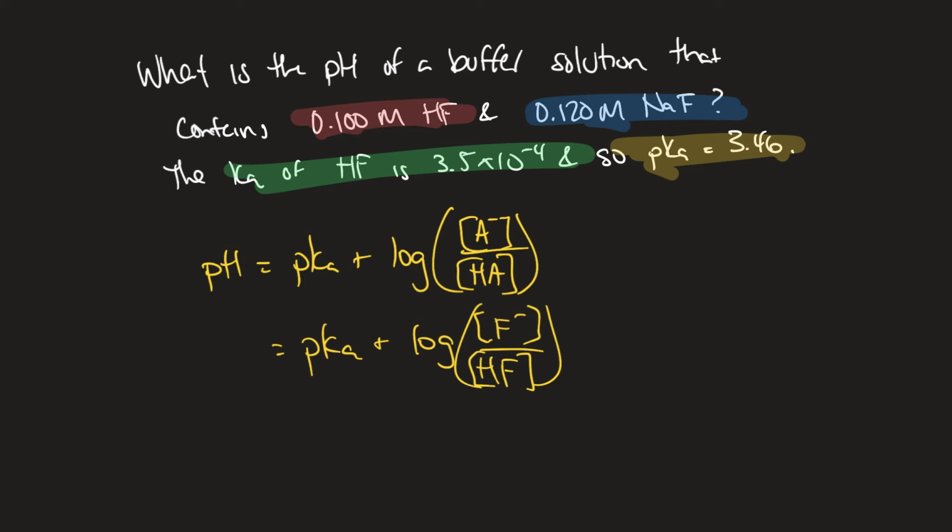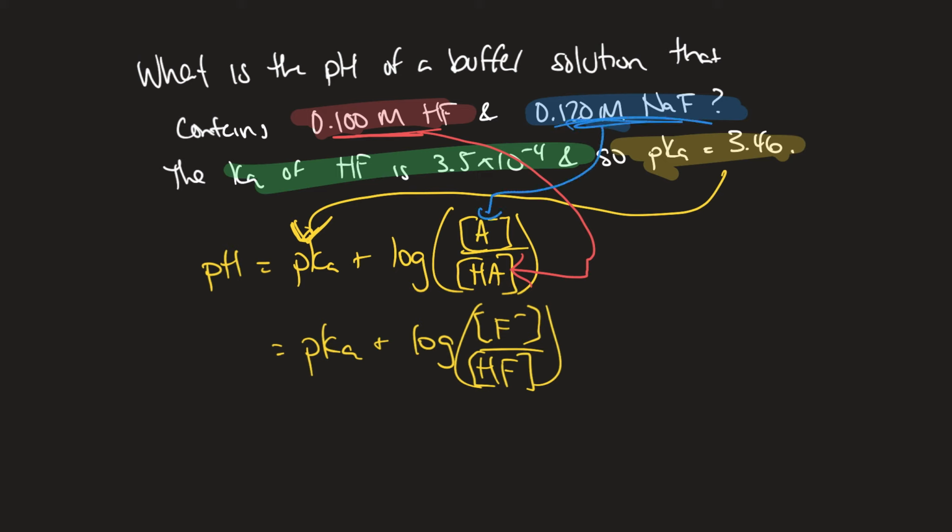The Ka was just to help us figure out the pKa. But since we know the pKa, we can plug this all into this equation. The pKa will go here, then the concentration of HF will go here on the bottom, and the concentration of F- will go at the top.